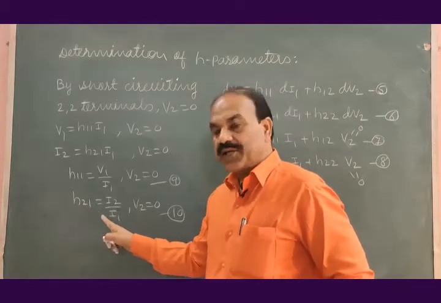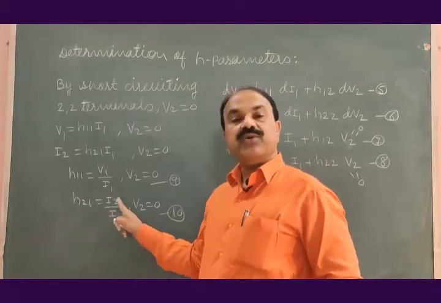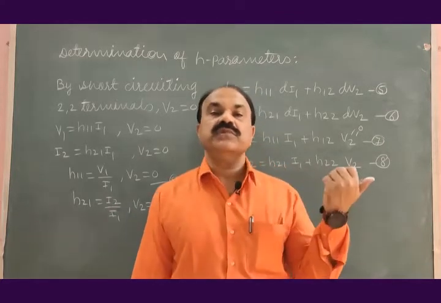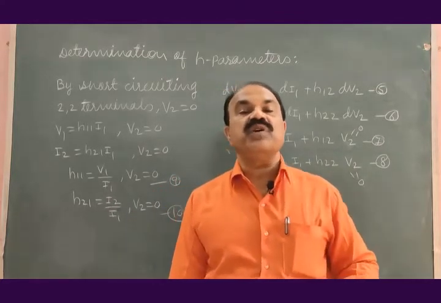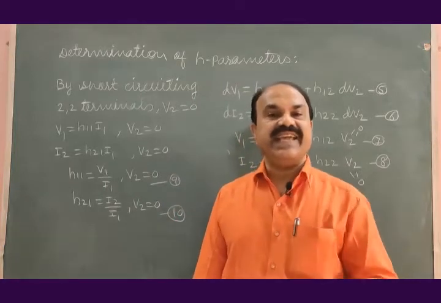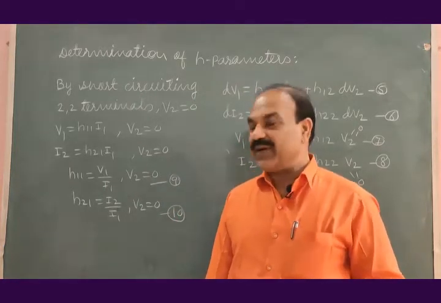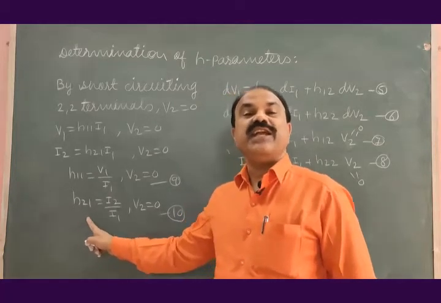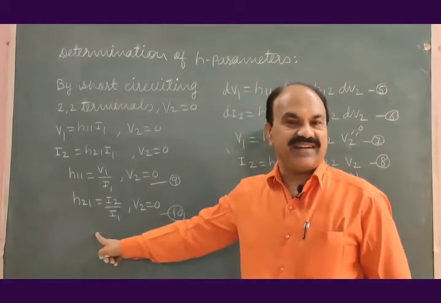H21 is the ratio of I2 by I1, I2 the output current, I1 the input current, and we know the ratio of output current to input current is known as current gain. Therefore H21 is known as short circuit forward current gain.